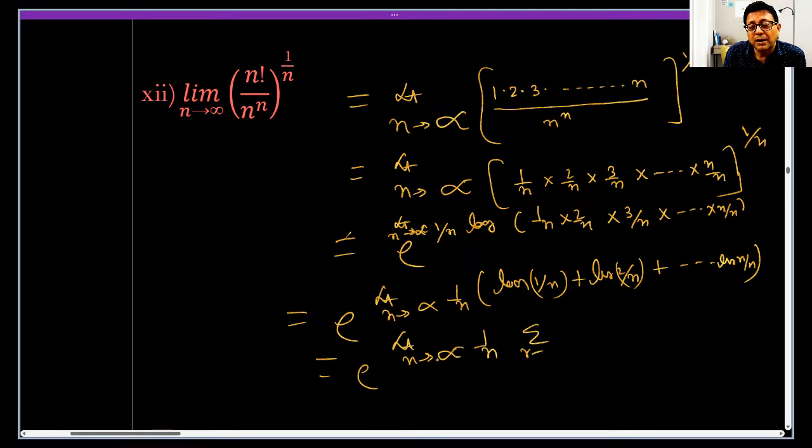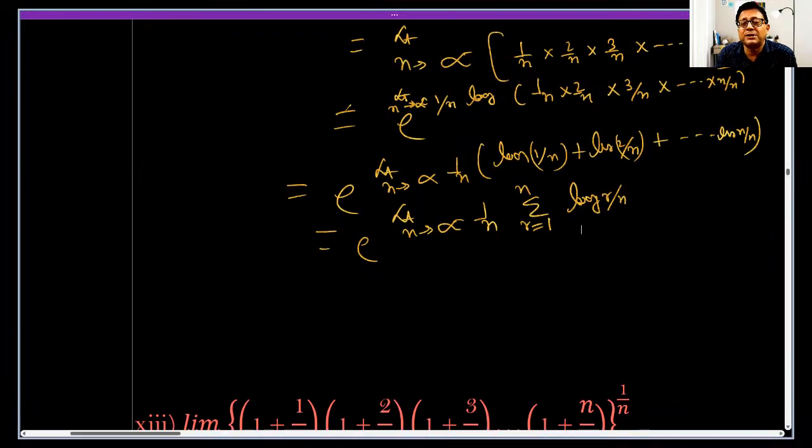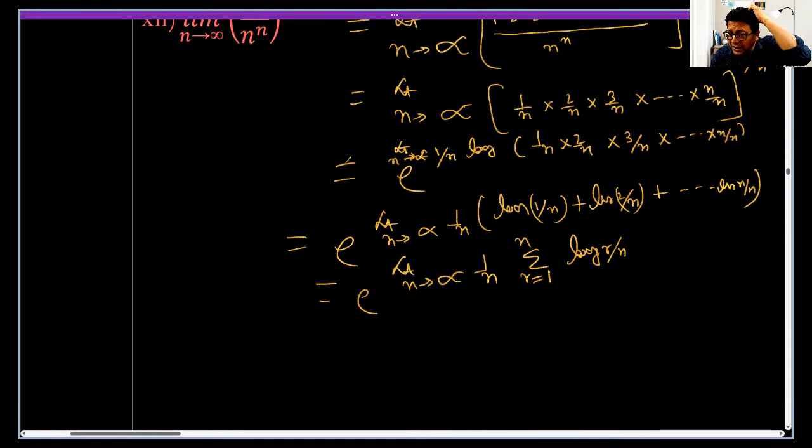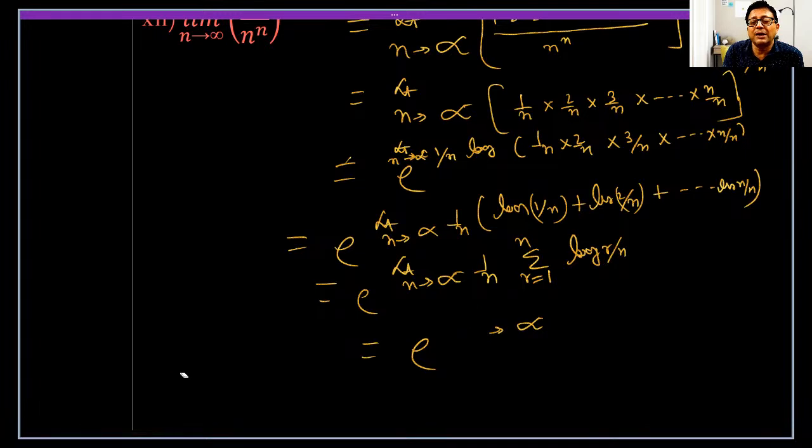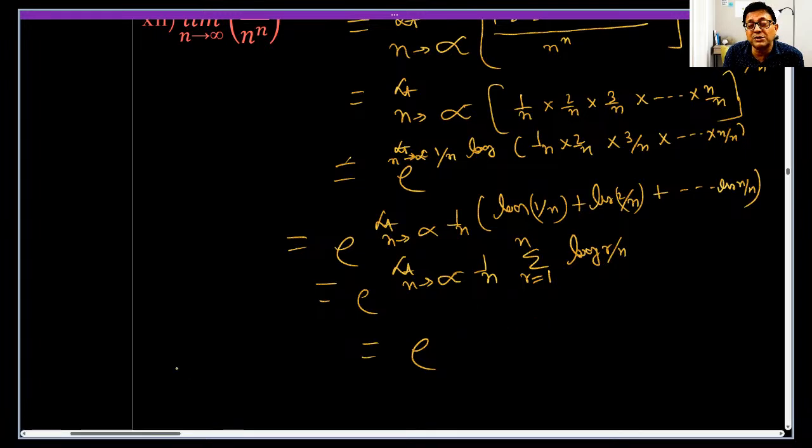This is what? R equal to 1 to n, log r by n. Log r by n, what to write? In the power of e, we can write r by n as x. We will not write n tending to infinity anymore. We will just write 0 to 1 log x dx. Clear?